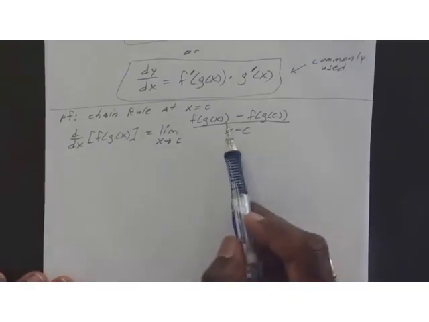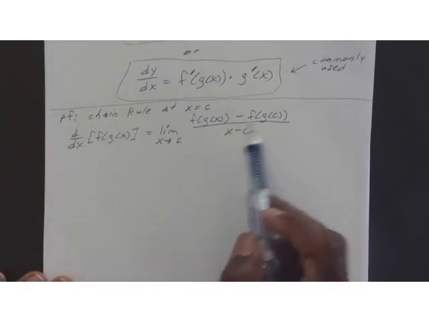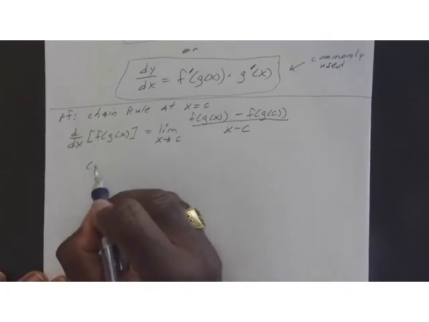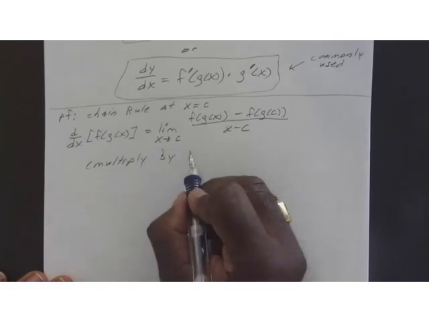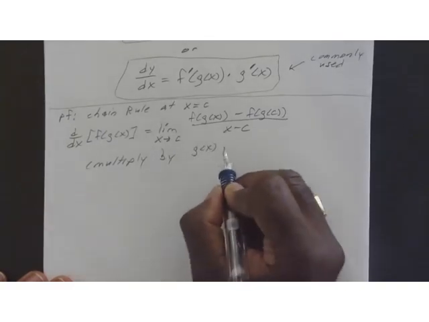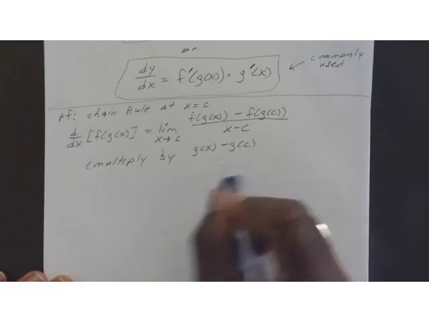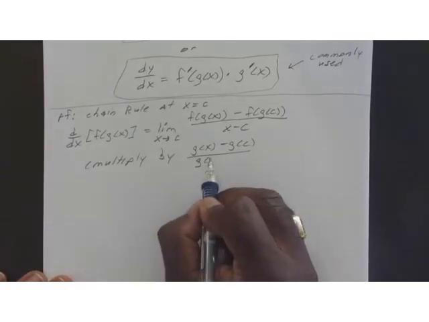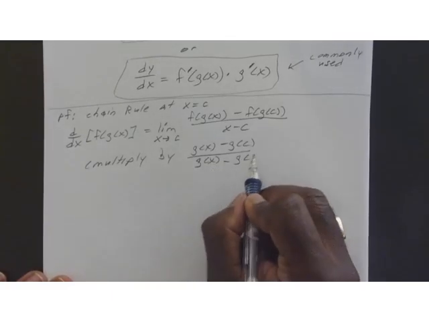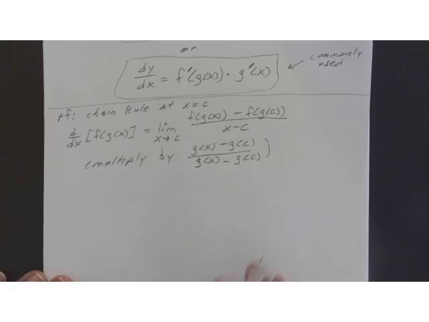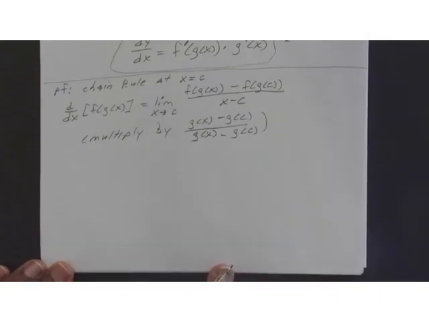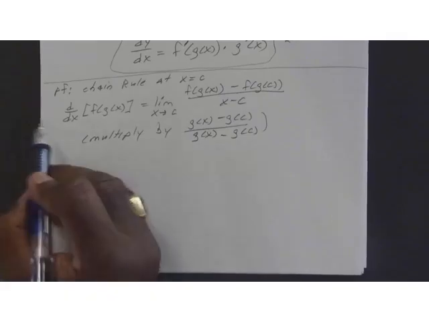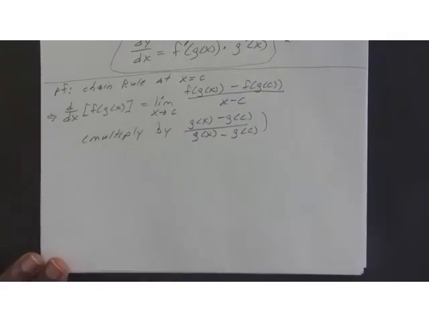Okay. Now with this one, we're going to have to kind of manipulate it a little bit. So we're going to multiply it by g of x minus g of c divided by g of x minus g of c. And draw a little arrow there.